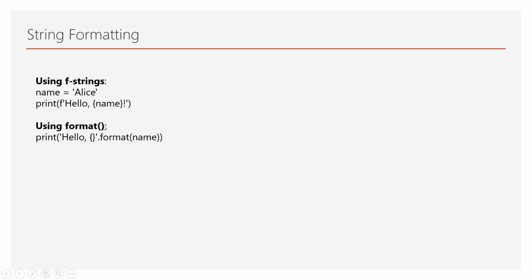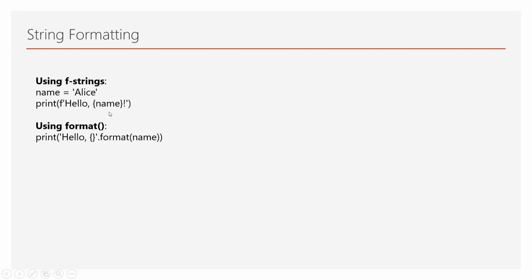Then comes string formatting. It helps in creating dynamic text outputs. The f string and the format method are widely used. In the first example, we are using f strings. With the name Alias, when you use print f hello and in the brackets name, instead of name it will write Alias. So the statement will be hello Alias.